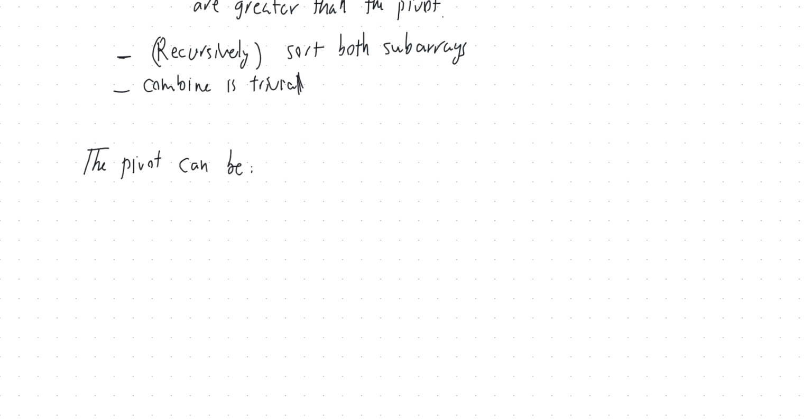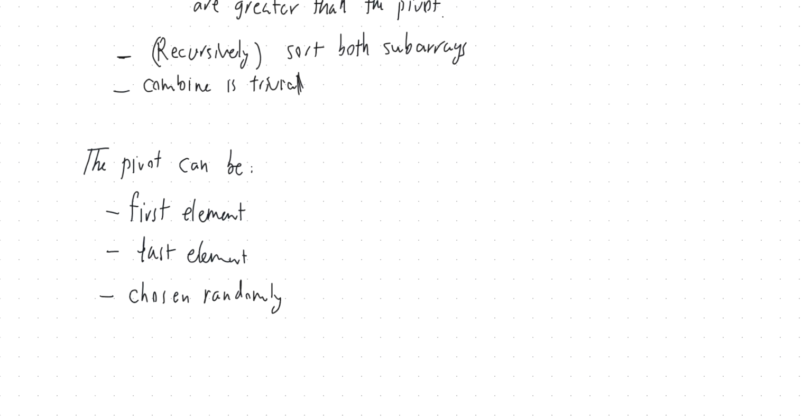One option is always choose the first element of the array as the pivot. Another option is the last element of the array. Another option is you can choose your pivot randomly from the input array.